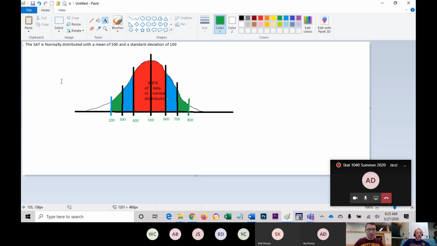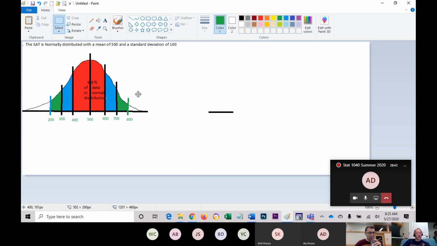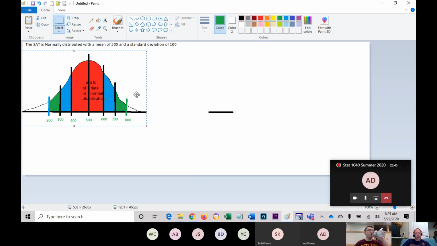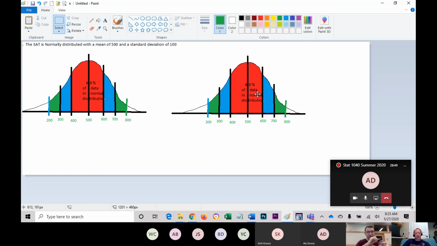Now, here's what I'm going to do. I'm going to make a copy of this. I'm going to slide that over a little bit. And I'm going to make another curve here.